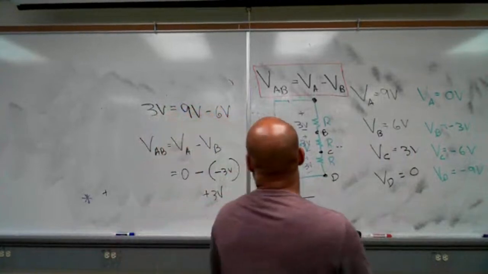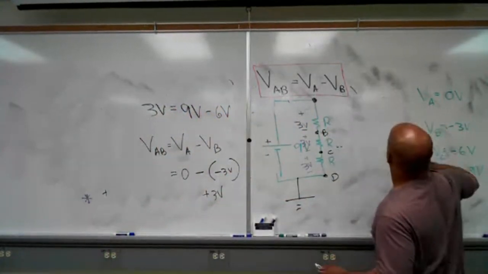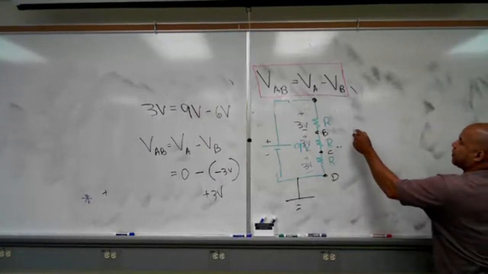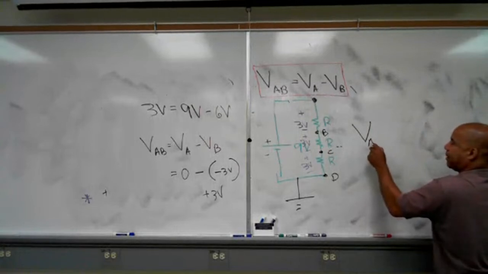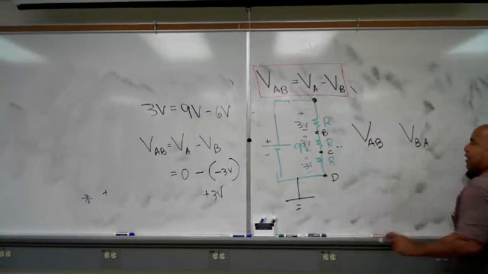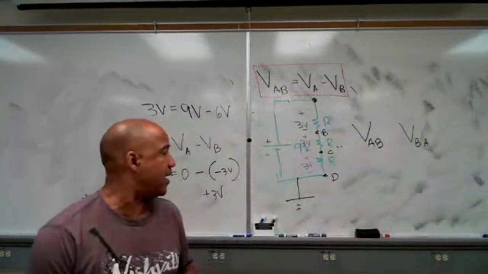Now, one more thing I want to show you before we get into the lab. Does anybody know the difference between this? What's the relationship between VAB and VBA? How do they relate to each other? Just think about how you would get those values.